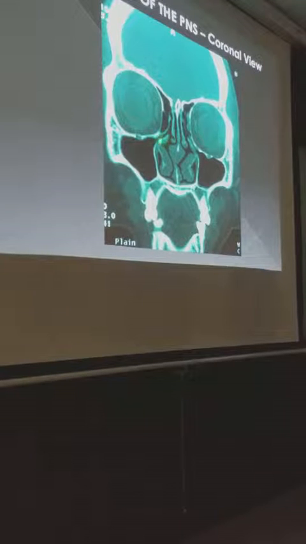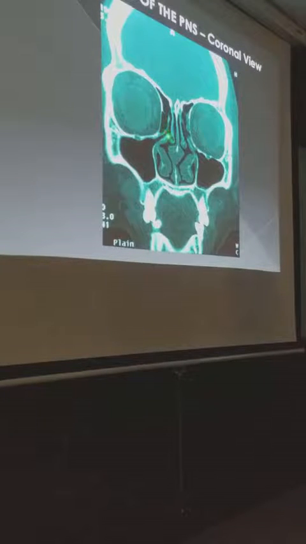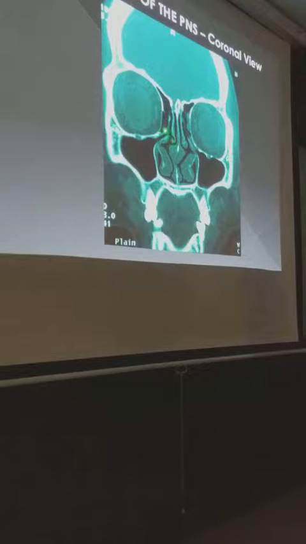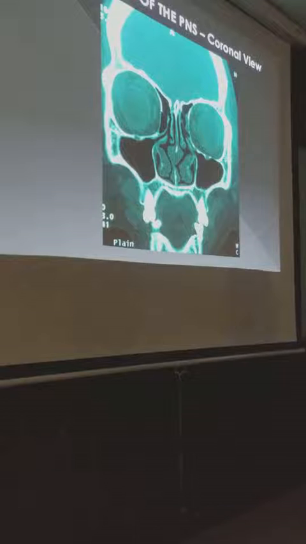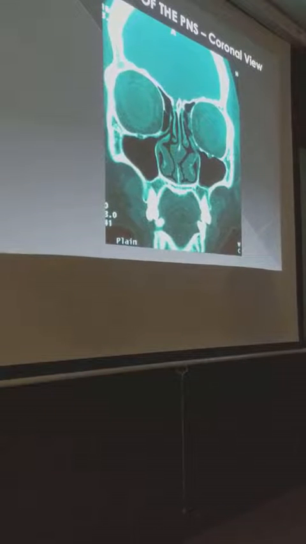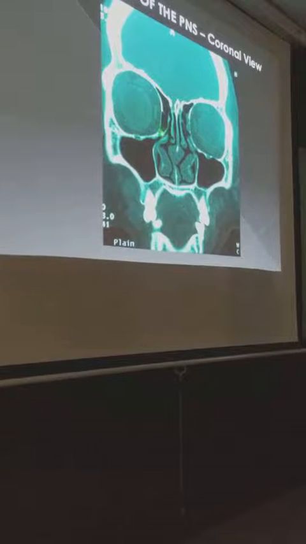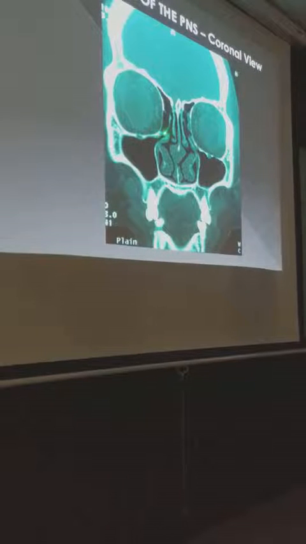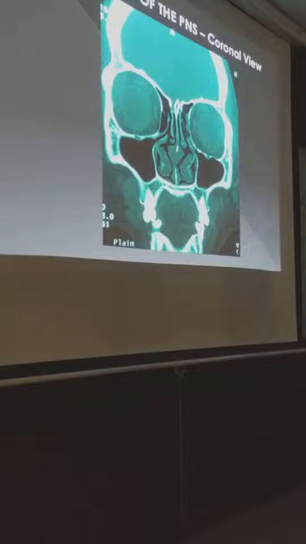So if you look at this, between the bulla and the posterior free edge of your uncinate process is a two-dimensional opening, which is called hiatus semilunaris inferioris, which leads to a three-dimensional opening here called the infundibulum. Okay?